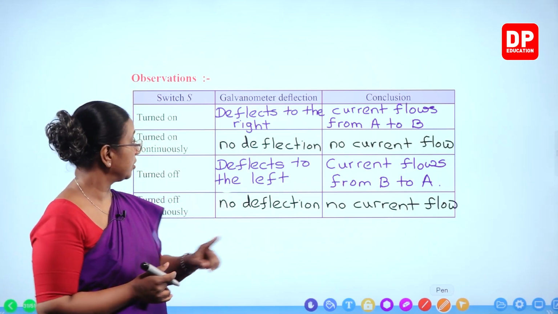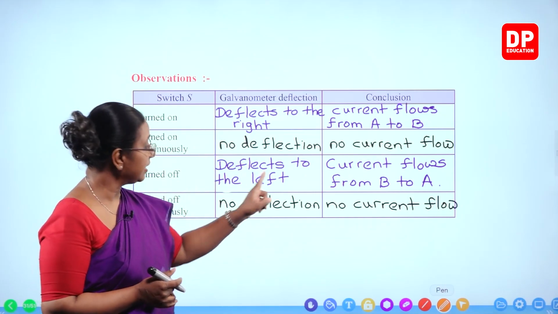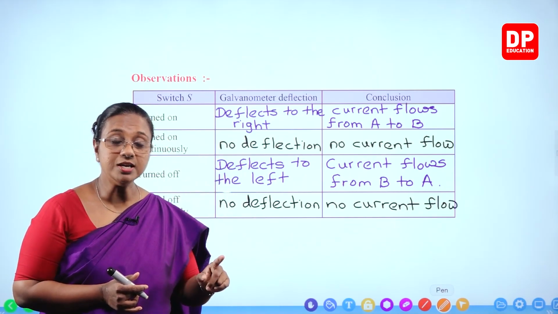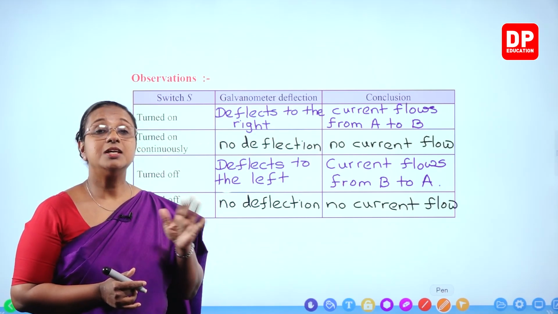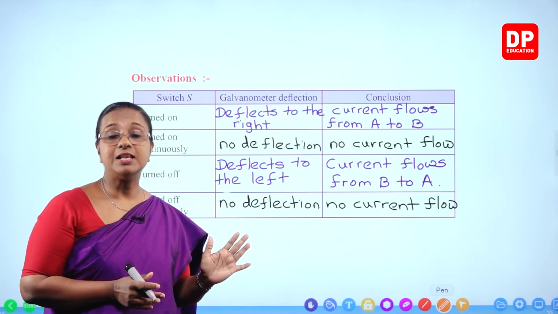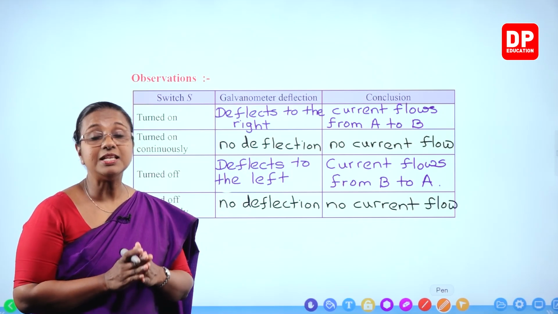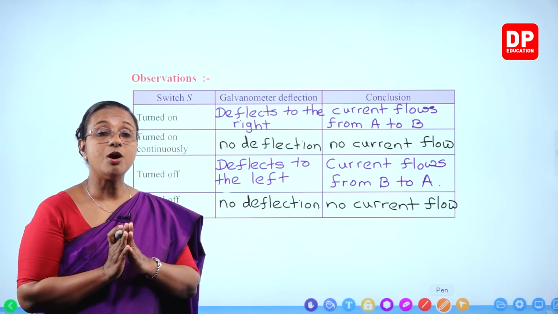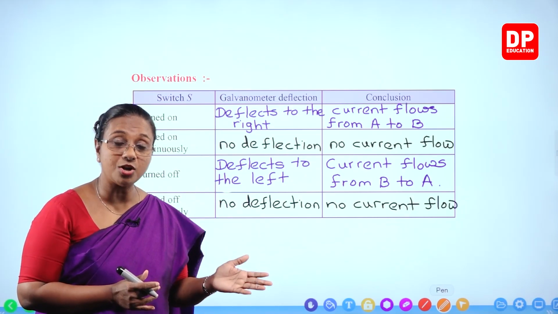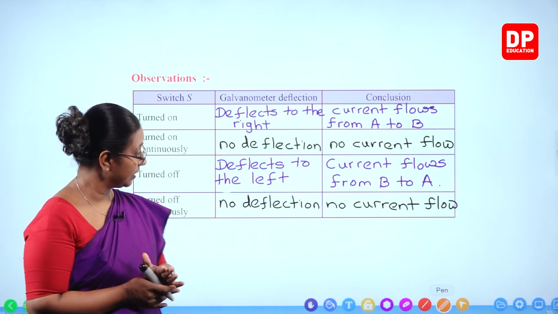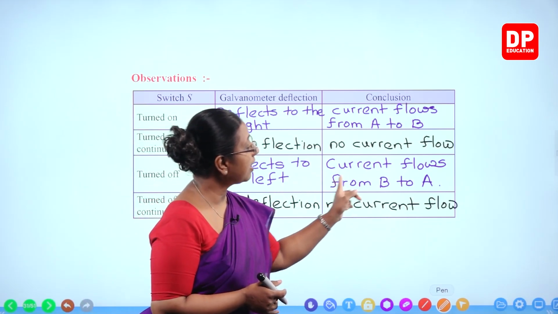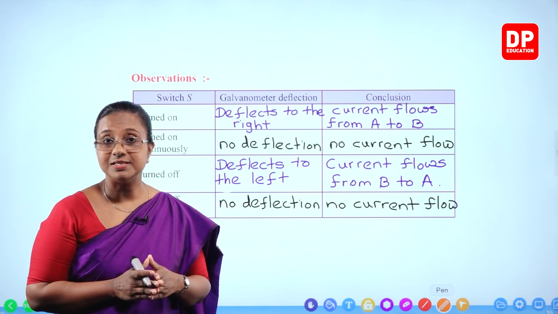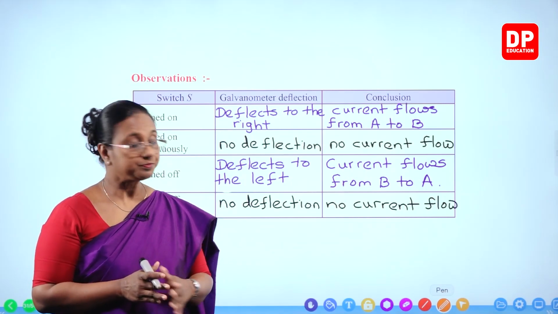That's also important. Initially it deflects to the right, then it deflects to the left. So when you turn on, it is the right direction; turn off, it's towards the left. So they are in opposite directions. That's very important. The deflection will be in opposite directions when you turn on and turn off the switch. So because of that, current flows from B to A. That is what happens in the activity.